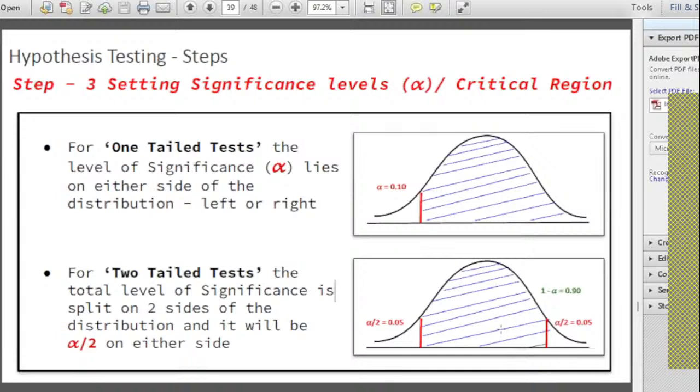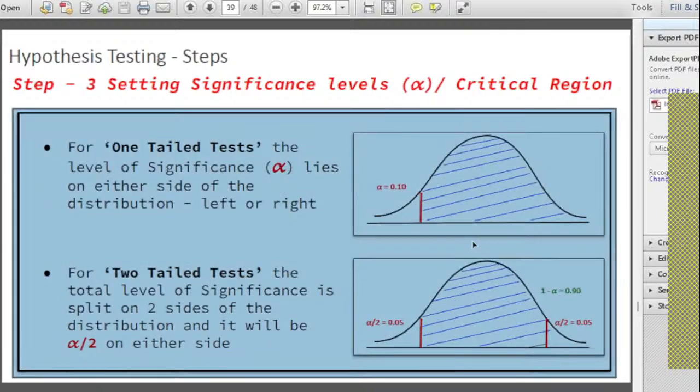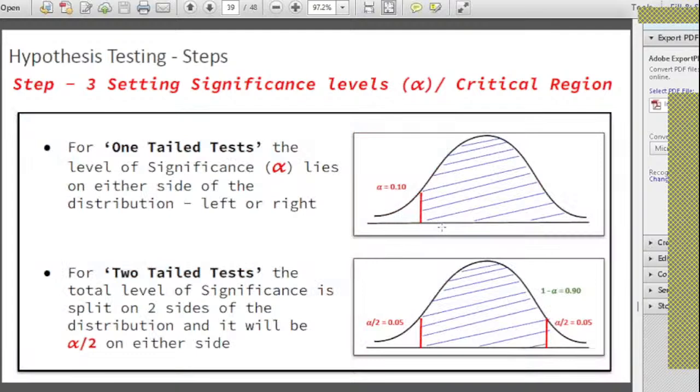Means on either side, the maximum probability of error that I'm going to accept is alpha by 2. Is that clear? Such a test is called a two-tail test. Any confusions on this? One-tail and two-tail test? So we can proceed, right?